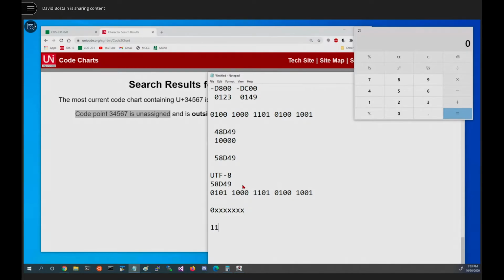If you have a byte that starts with 2 1s and a 0, and there'd be 5 more bits, that means I'm starting a 2-byte sequence to store the character. The continuation byte always starts 1 0 and can always contain 6 bits. The most this can store is 11 bits.